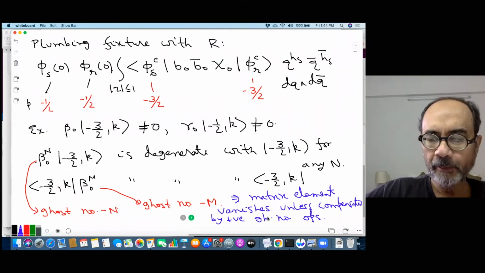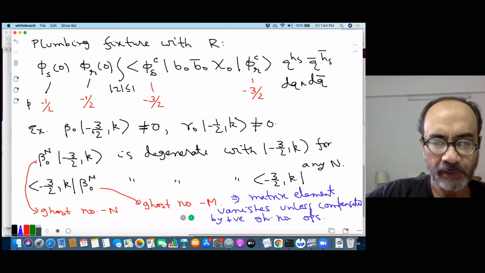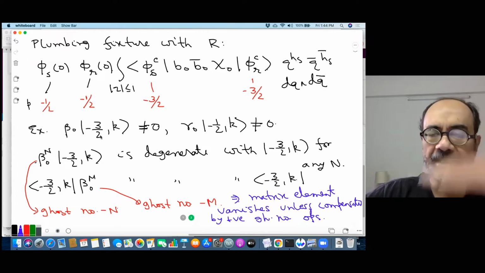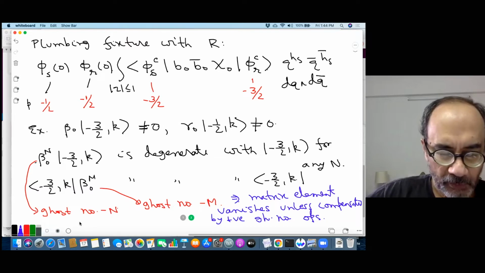So how can we build positive ghost number? Gamma 0 is not useful because gamma 0 annihilates this; minus 3 half k is annihilated by gamma 0. We can use, of course, gamma minus 1, gamma minus 2, etc., but those raise the L0 eigenvalues, so those are not going to give divergence. So gamma n, minus n, is not useful.